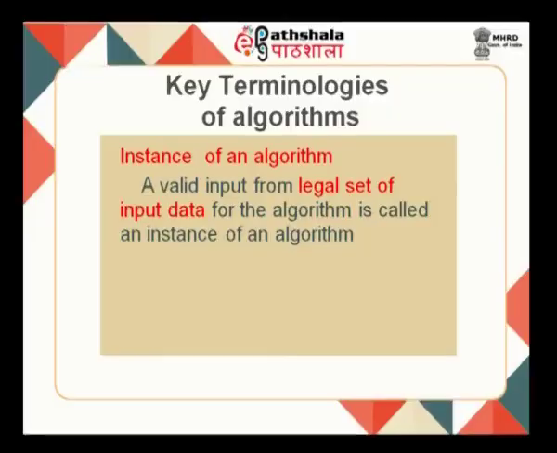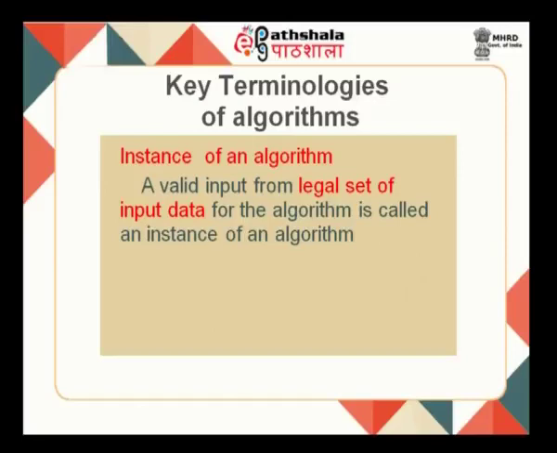Let us go through the key terminologies involved with algorithms. The algorithm is supposed to take the input and process that input to give the expected output. Any legal valid input is what we call an instance of an algorithm. For example, let us say we are writing an algorithm for sorting.